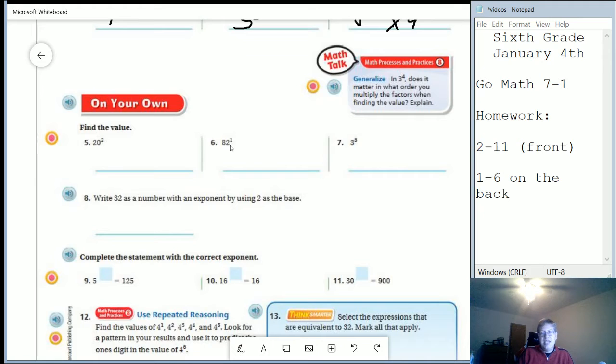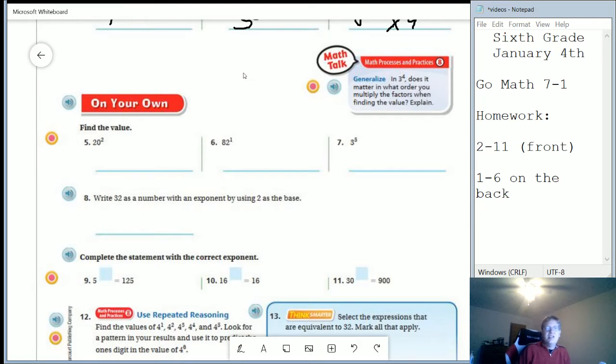This one would be 82 times 1, and this would be 3 times 3 times 3 times 3 times 3. We already got the answer to 3 to the fourth power, so we could go ahead and keep going from there. So go ahead and pause the video and work on those, and then I'll talk you through what we need to do for number 8 after that.